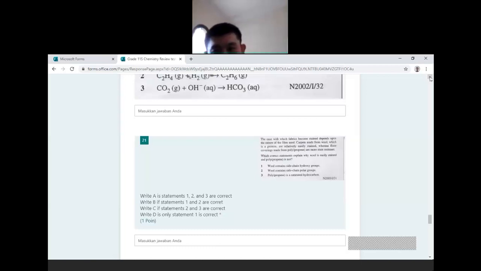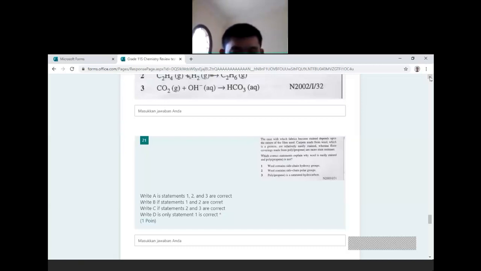Which correct statements explain why wool is easily stained and polypropylene is not? The question is asking for the explanation why wool is easily stained. Okay, look at the statements.